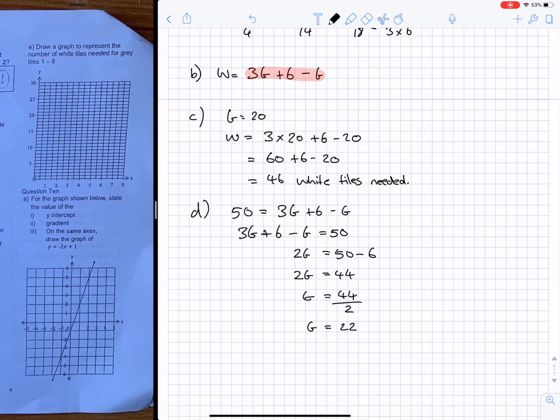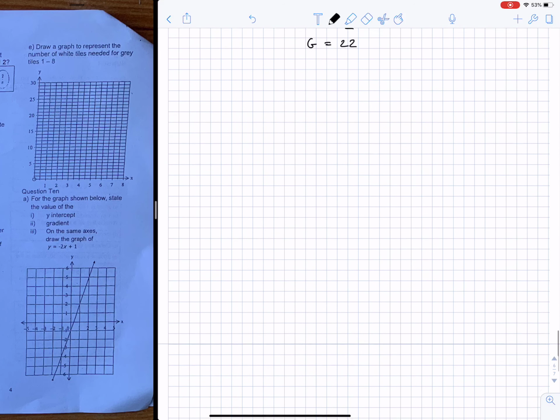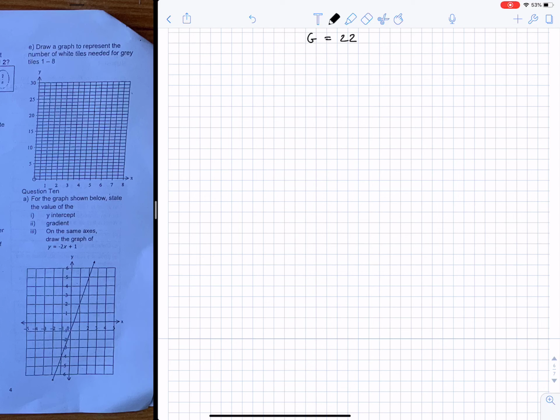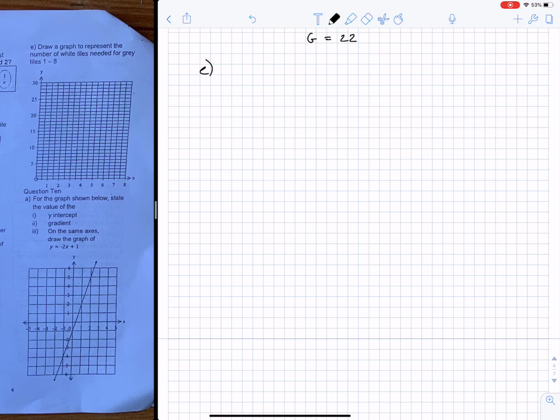Okay, E. Draw a graph to represent the number of white tiles needed for grey tiles. So, it goes up to 30. We might need to extend this. 5, 10, 20.